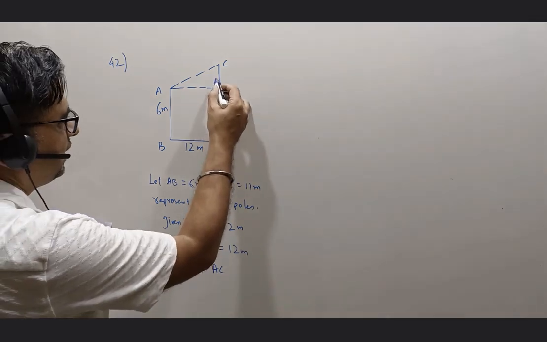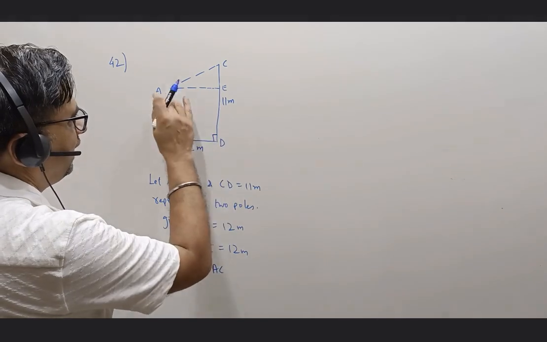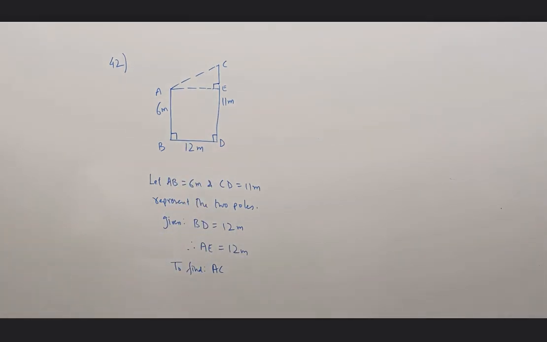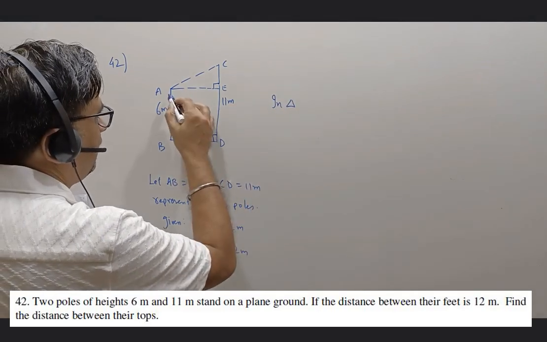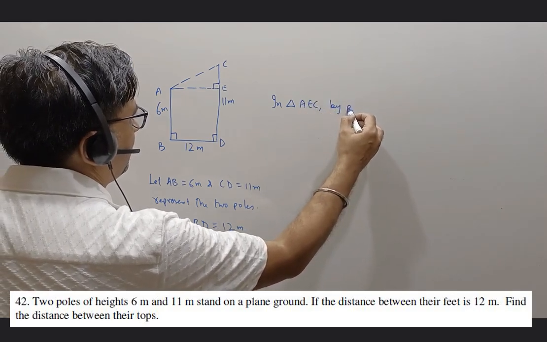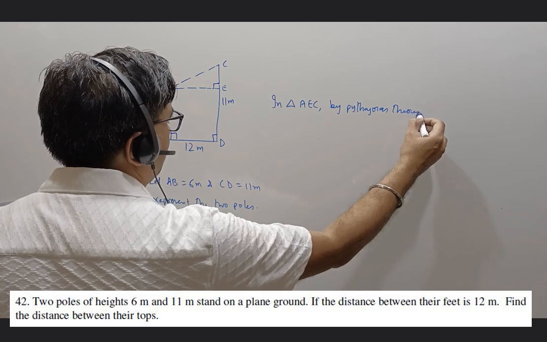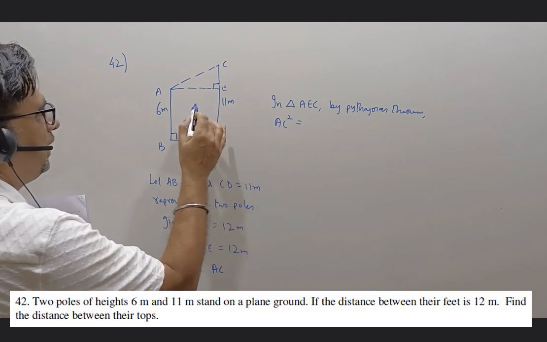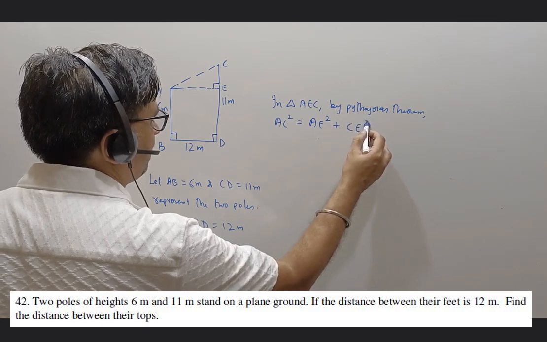Now, you see that these poles stand vertically. So, this will be 90 degrees. And because these lines are parallel, this is also 90 degrees. So we don't have to write all the details, but you can see that in triangle AEC, by Pythagoras theorem, the hypotenuse square, which is AC square, is equal to AE square plus CE square.